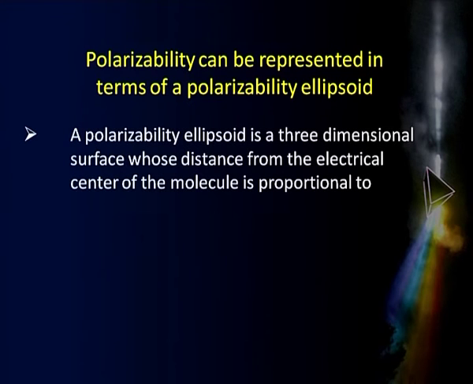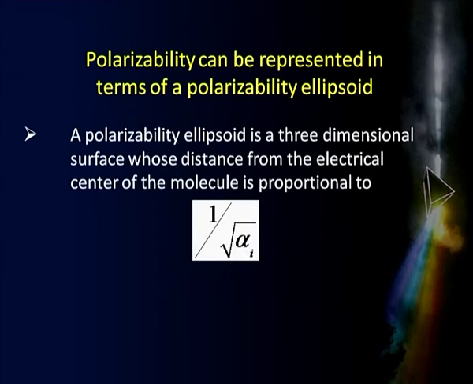A polarizability ellipsoid is basically a 3-dimensional surface whose distance from the electrical center of the molecule is proportional to 1 by square root of alpha_i, where alpha_i happens to be the polarizability. That means, if along a given direction the polarizability is more, then the ellipsoid will have a shorter dimension there. If polarizability is less, the ellipsoid will be larger.